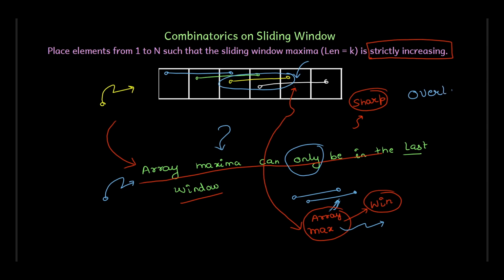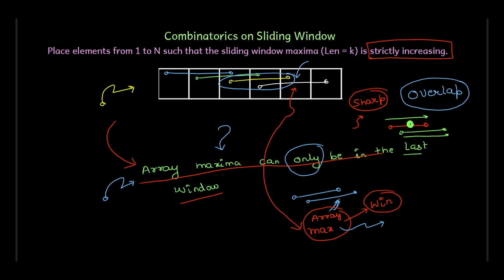That is, array maxima cannot be in an element that overlaps two windows. Why is this true? Because if the array maxima is present in this overlapping element, then it will be the maximum element of this window as well as this window.